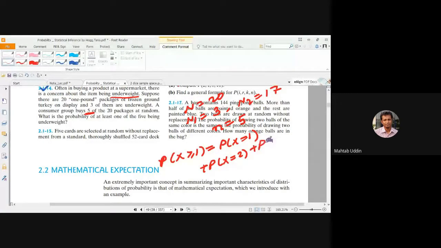3. 4, 5 তো নেওয়ার সুযোগ নাই। Why? Why we cannot take 4 and 5?